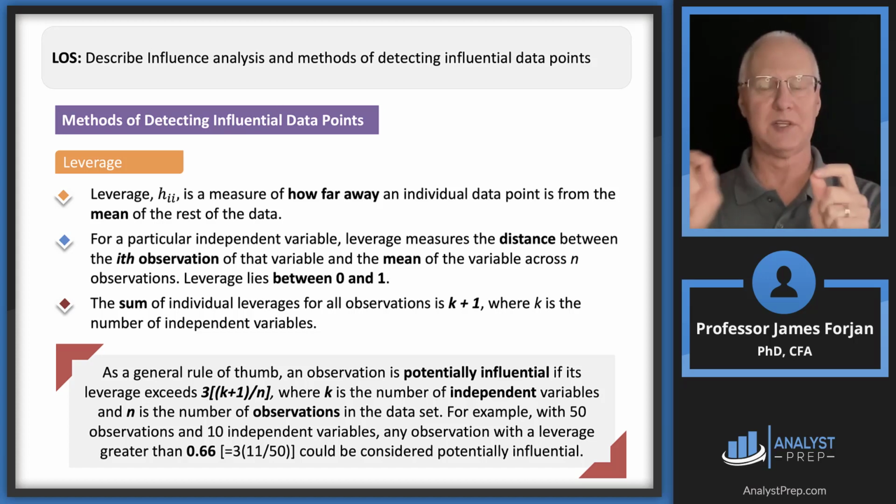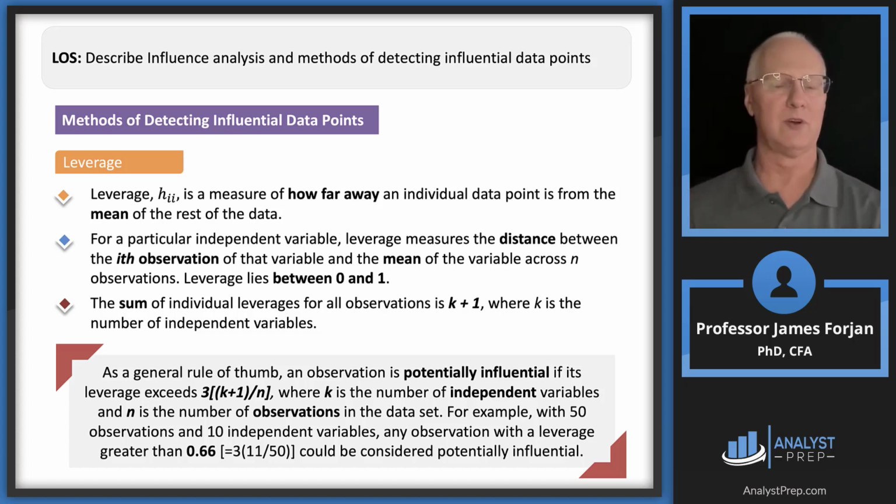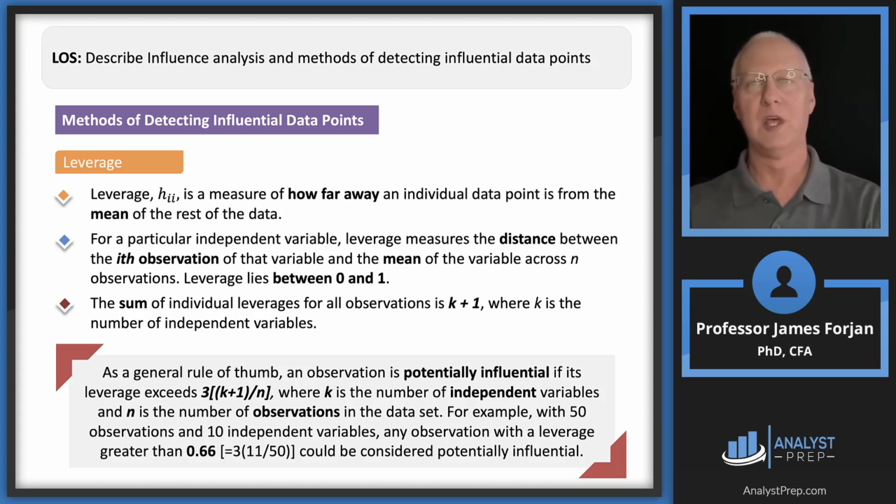So there's some distance there, and you divide that by a measure of the sum of the squares. If you remember our conversation about quantitative methods and regression analysis from our previous slide decks, you'll get what that leverage means. But I think that first diamond point is really a good definition to memorize.